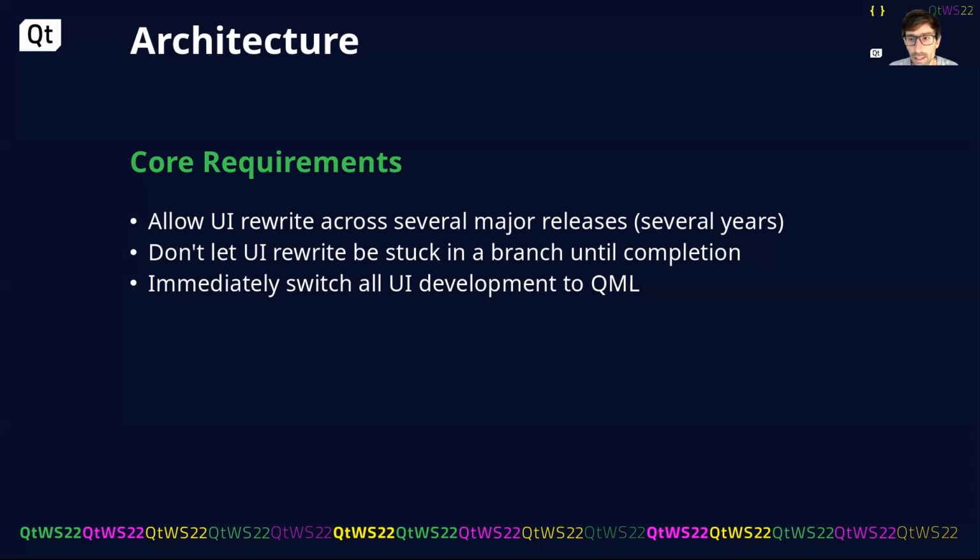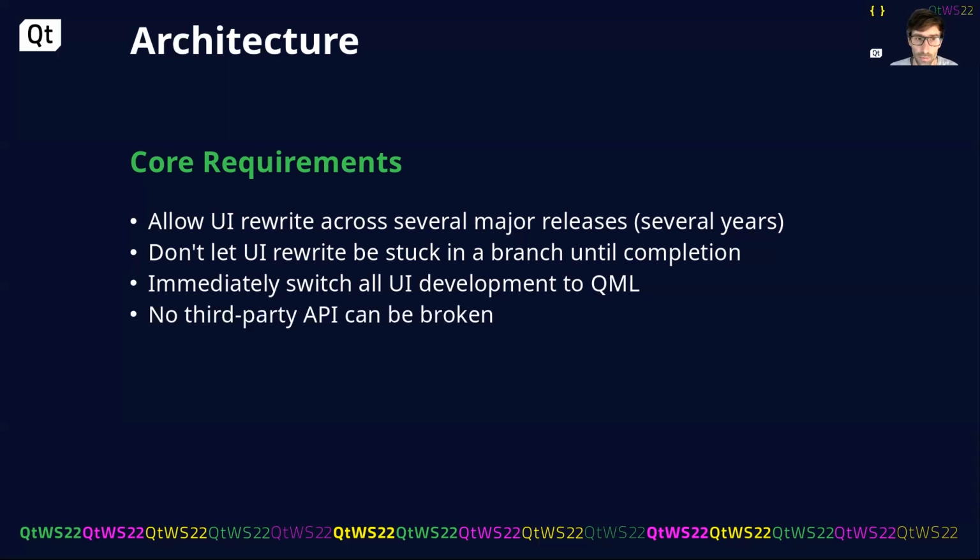That's not motivating for the developers, but it's also a terrible business case, because what we're writing is immediately obsolete. So we want to be able to, a couple of months after we do this integration, say from this day on, everything that is new in the UI has to be written in QML.